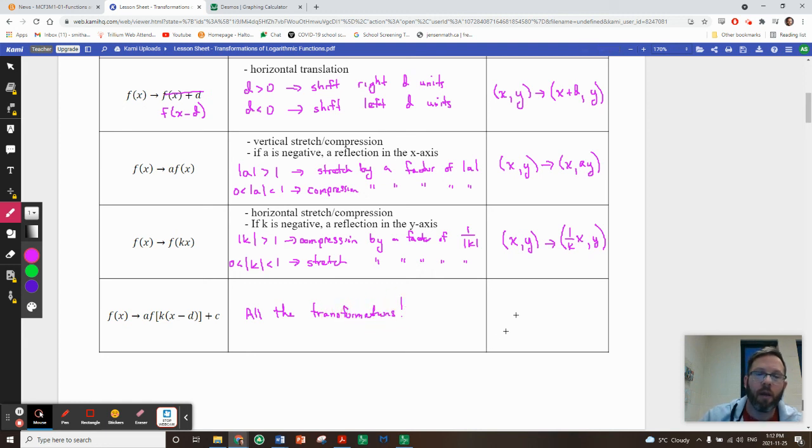Generally speaking, a generalized formula for how points (x, y) are mapped: when you apply the horizontal stretches or compressions or reflections, the x value goes to 1 over k times x. And then if there's a translation, you would also add on d to that. And for the y values, you apply the vertical stretch or reflections, and then you translate it, add on c. So that's a general formula for how points are mapped.